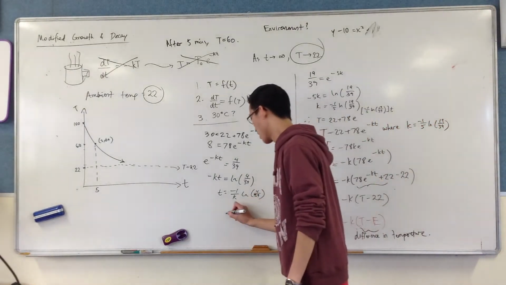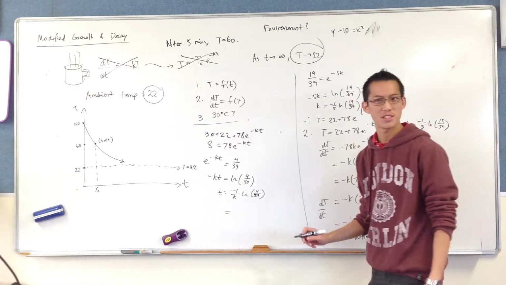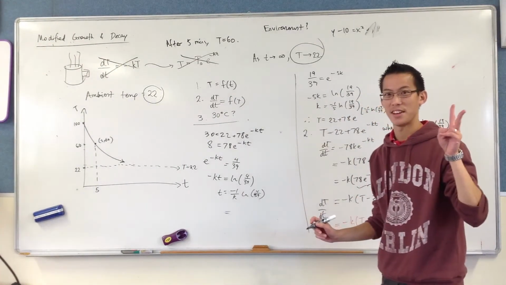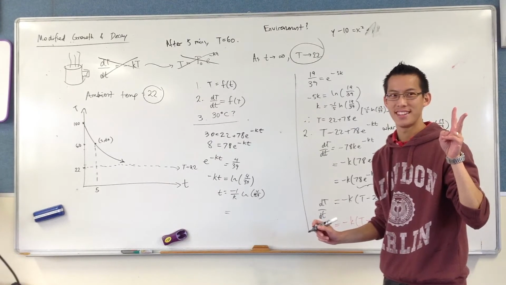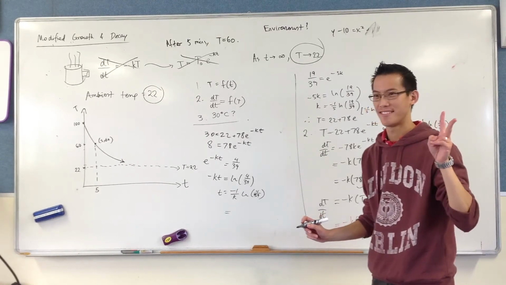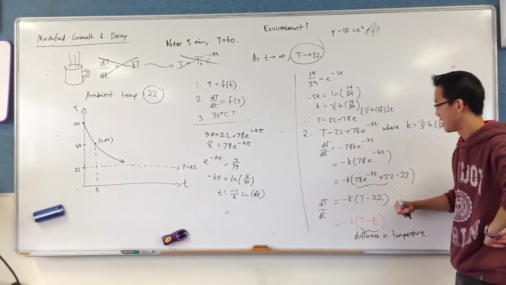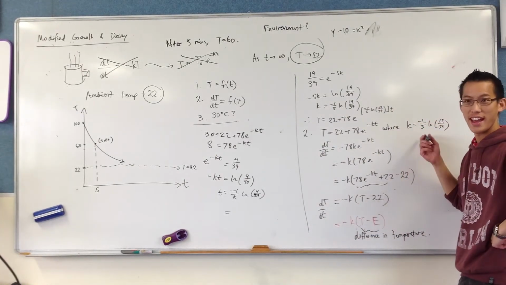So, what do you get? Can we get it to 2 decimal places? Anyone got there yet? Here's our value k, in case you're wondering.